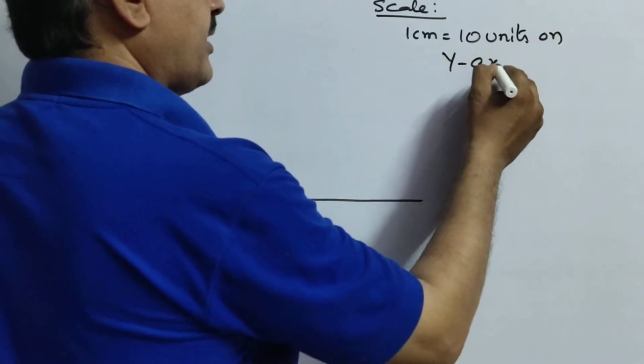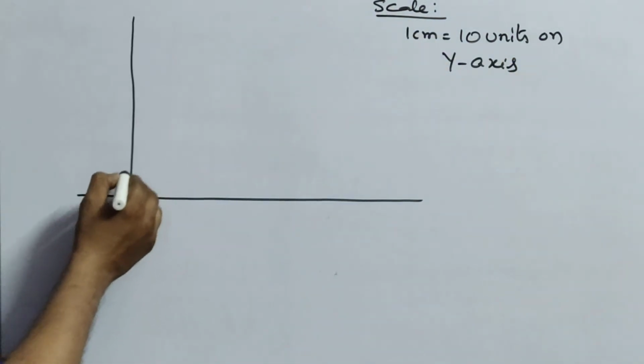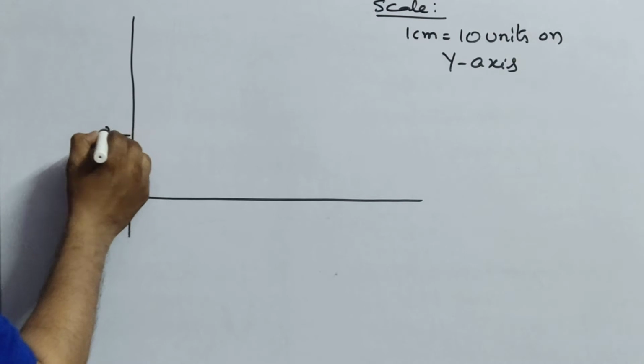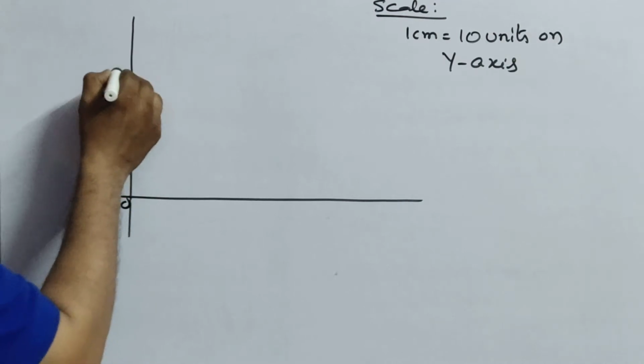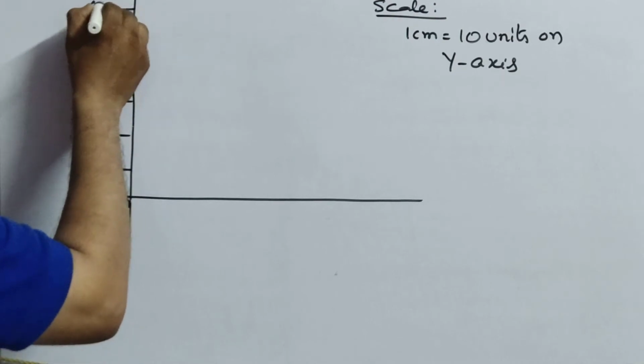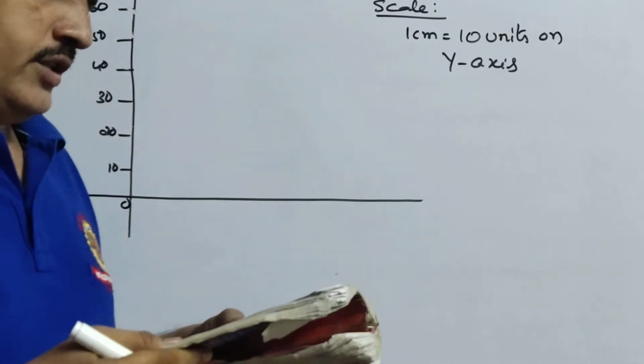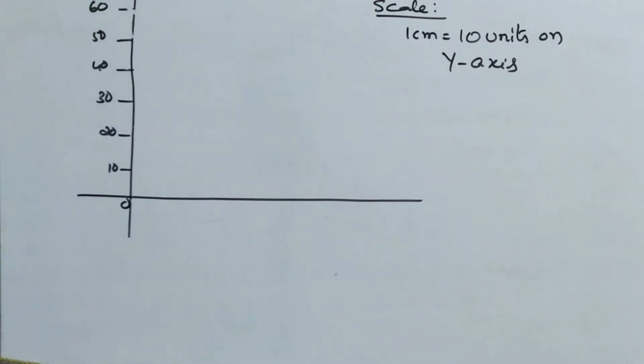Here it is the y-axis: 0, 10, 20, 30, 40, 50, 60, 70. Which is the highest? Check it, children. In that, 75 is the highest, so we can go up to 80.